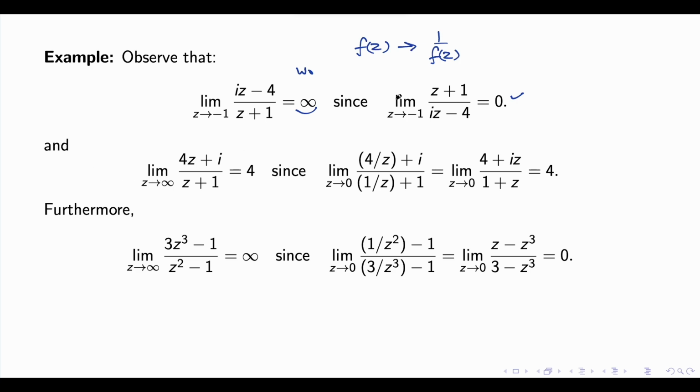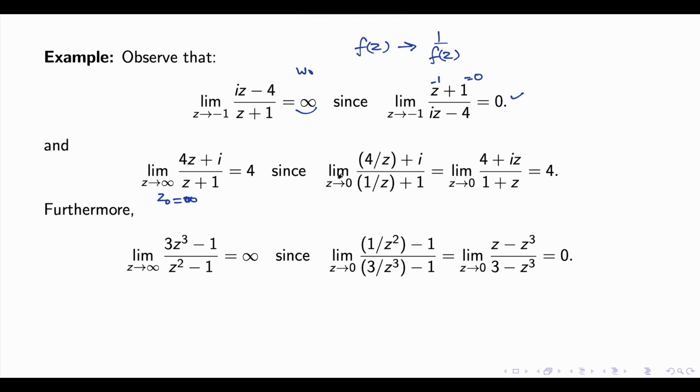When you plug in z equal to minus 1, minus 1 plus 1 is 0, so the numerator is 0 and overall it is 0. Second, the limit as z tends to infinity. Here z naught is infinity, so (4z plus i) divided by (z plus 1) is equal to 4. How do we get this?